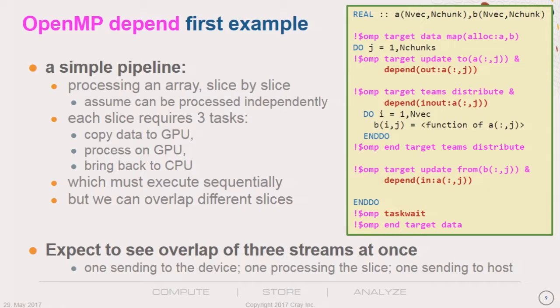So we have a dependency out also here for the variable, and in for the second kernel for this variable. And at the end, we can then also define the taskwait that implies the synchronization for that.